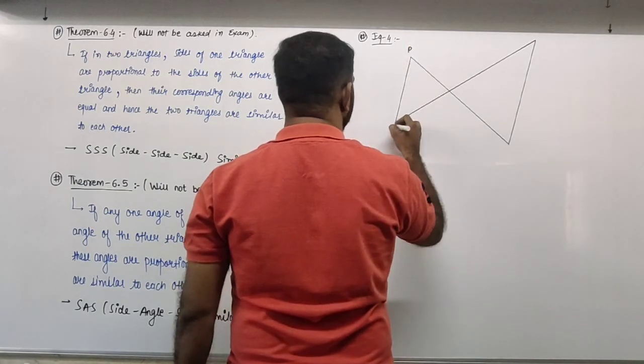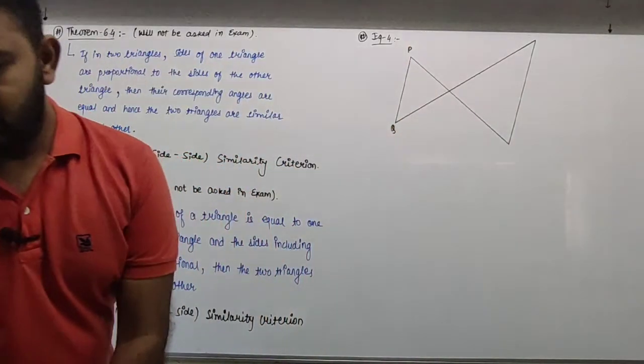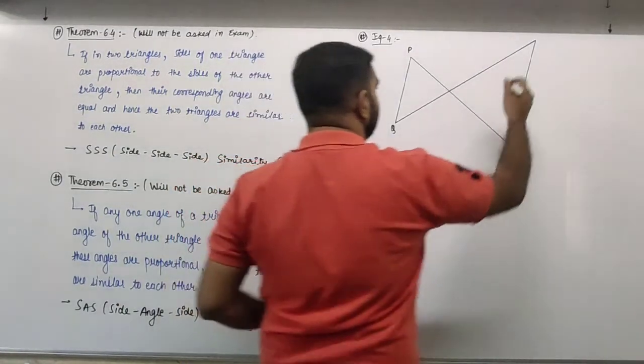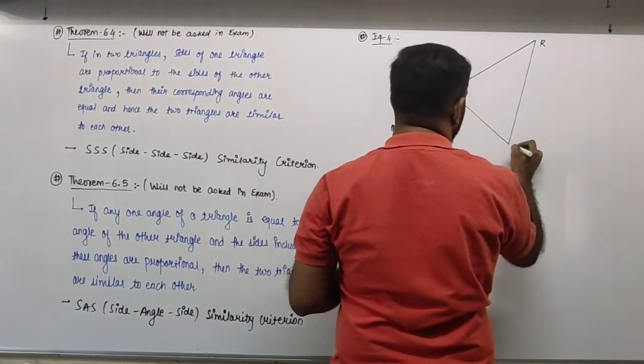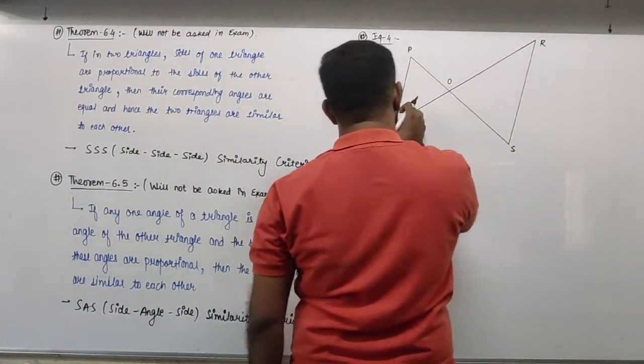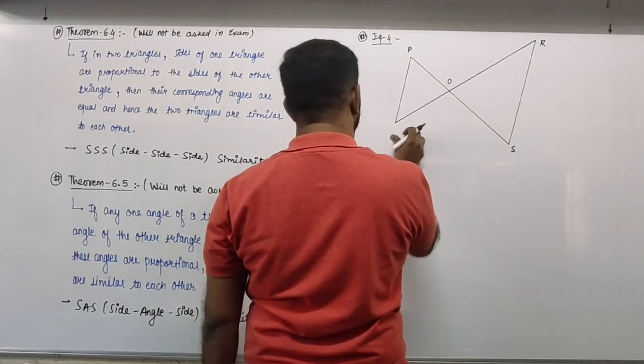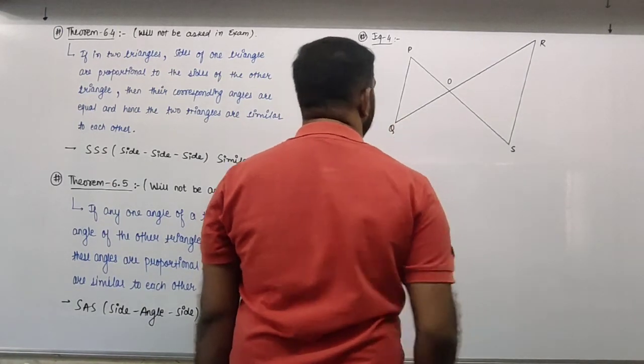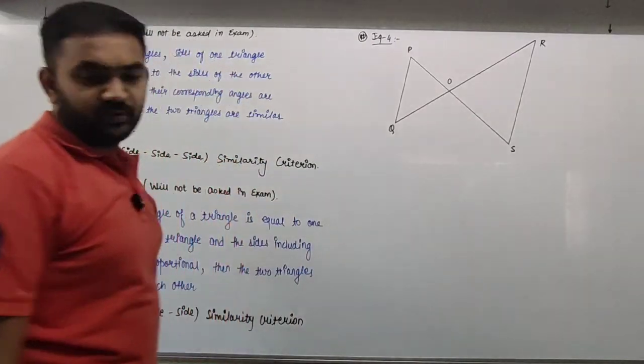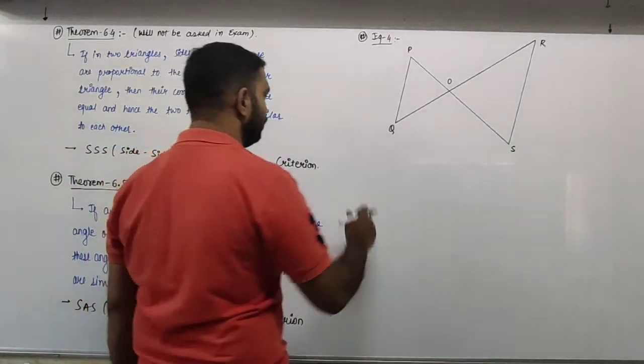So that is PQ and RS on the other side. This is O. We need to prove that triangle POQ is similar to triangle SOR.